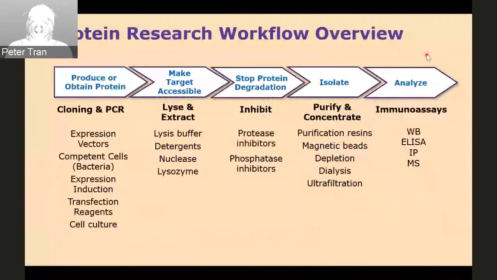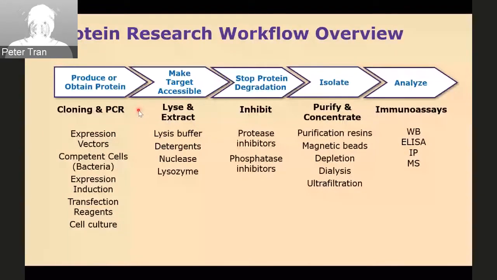Just a little bit about the overview of the protein research workflow. We can start with cells or tissues, or a recombinant protein produced in bacteria or mammalian cells, right? You can do cloning and PCR to produce the protein, and then we need to extract the protein. We need to make it accessible.